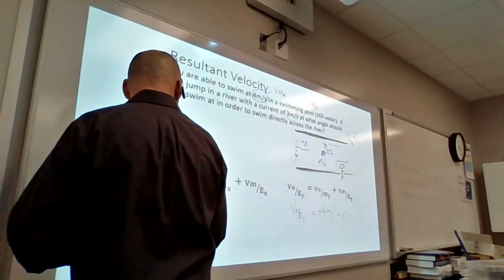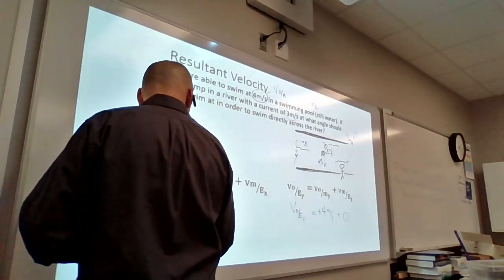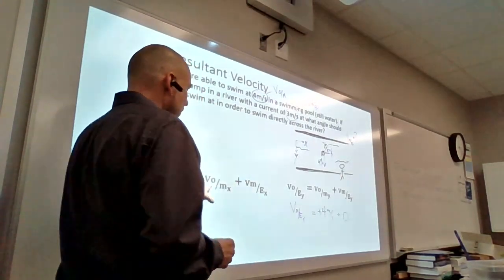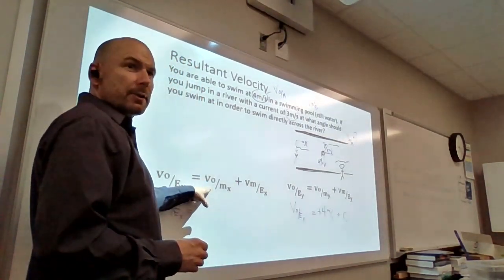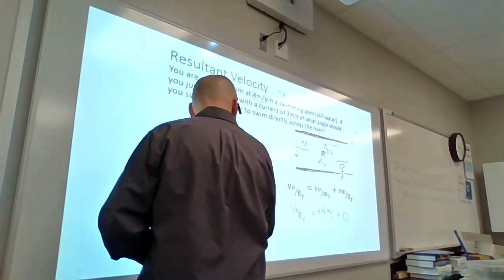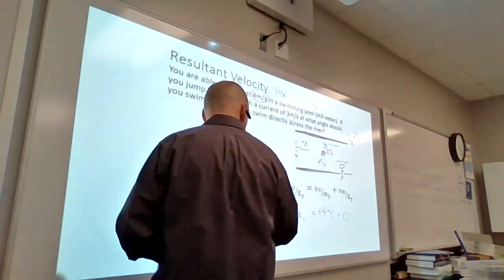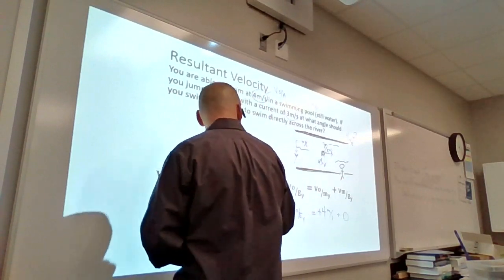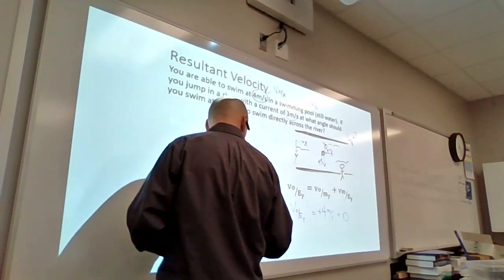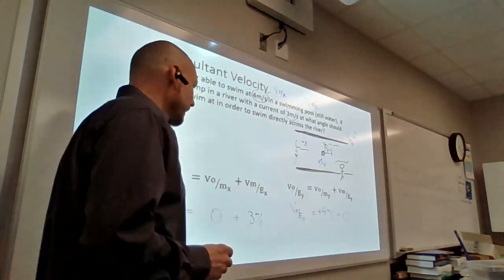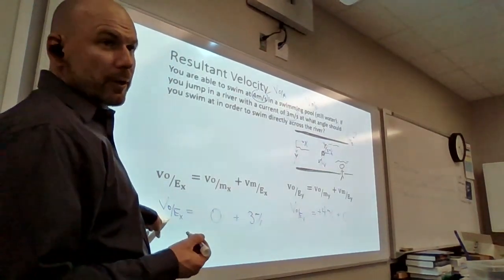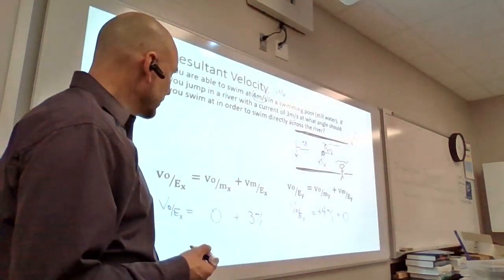And over here, you have the velocity of the object relative to the Earth in the x direction. Your velocity of the object relative to the medium in the x direction is 0, plus the velocity of the medium relative to the Earth, which is 3 meters a second. So my velocity of the object relative to the Earth in the x direction is 3 meters a second.